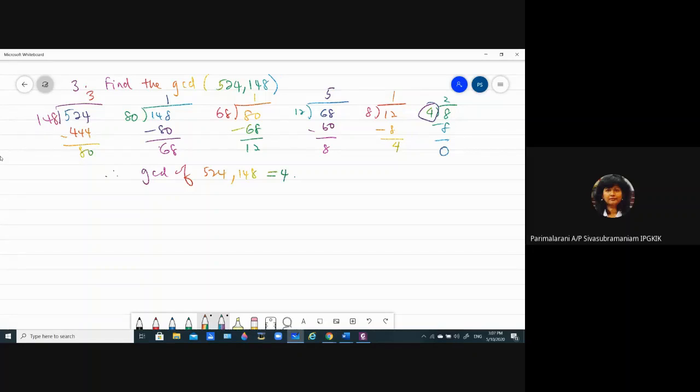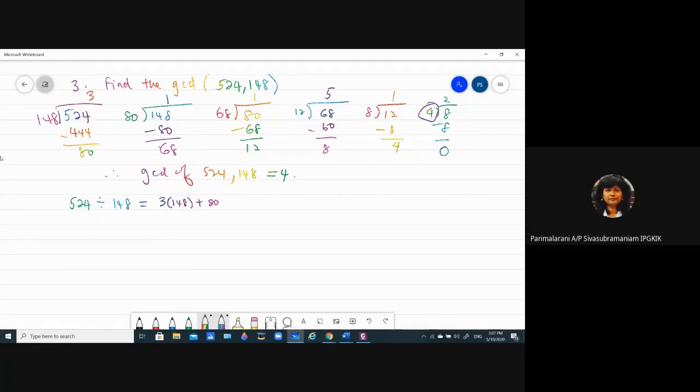Okay, if you don't want to write like this in a long division, you can also write it out in sentences like this. How will we write this? 524 divided by 148 is equal to 3 times 148 plus 80. 80, right?